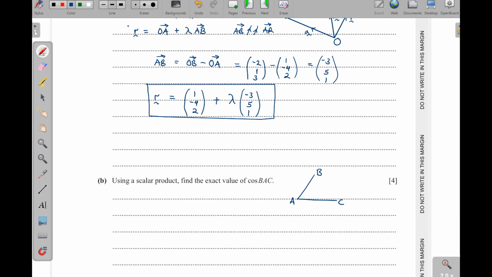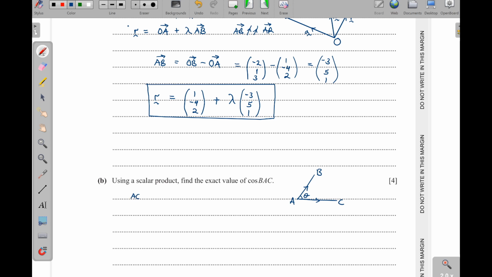What do I mean? You can use BA and then CA, or you can say AB and then AC. Okay, those are the ones we want. So you open up or you close in.